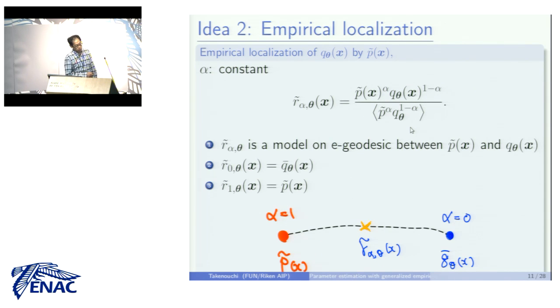And this R tilde is a model on the e-geodesic between the empirical distribution and the unnormalized model Q. So R tilde at 0 is equal to the probabilistic model Q bar, and R tilde at 1 is equal to the empirical distribution. So this R tilde connects the two distributions, the empirical distribution and the target probabilistic model, like this. The alpha is some constant.